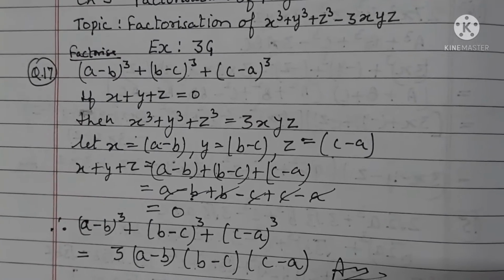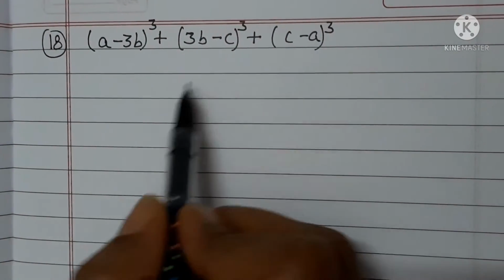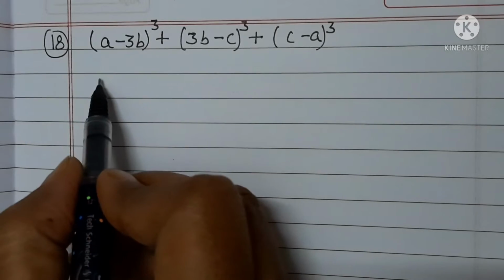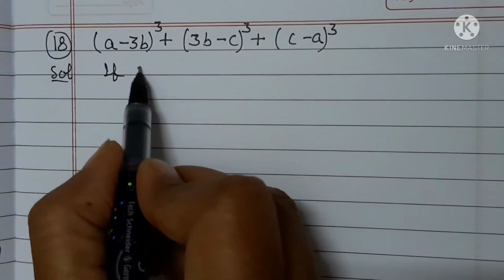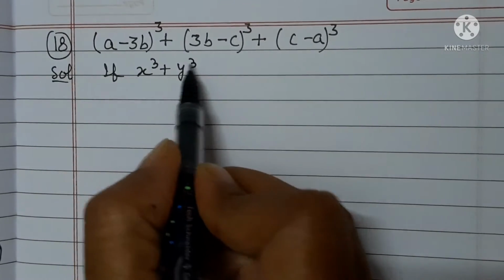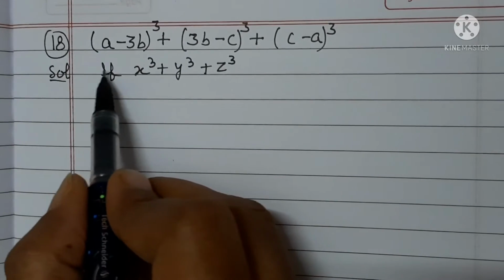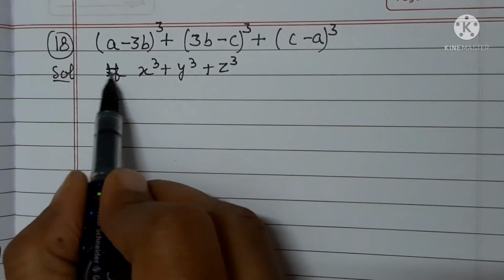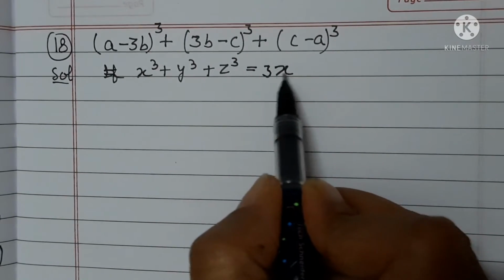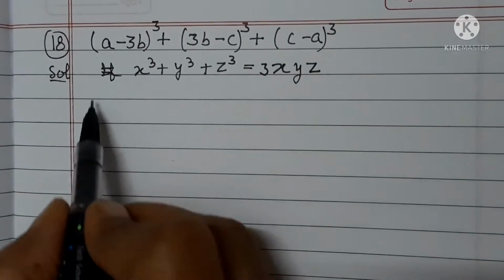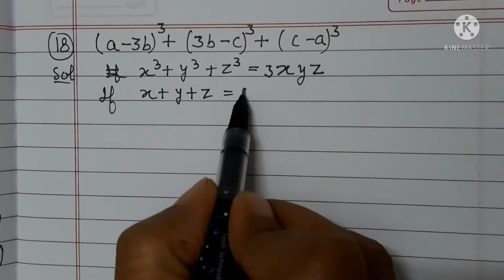Next question. Same we will use in this question. So solution: x cube plus y cube plus z cube is equal to 3xyz if x plus y plus z is equal to 0.